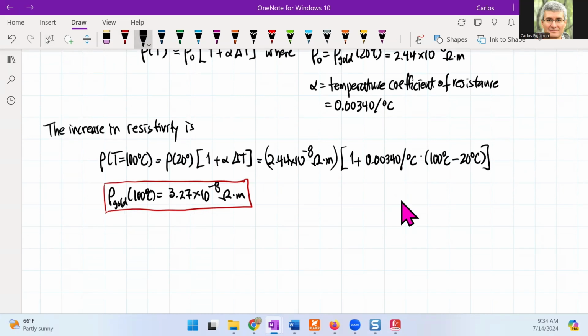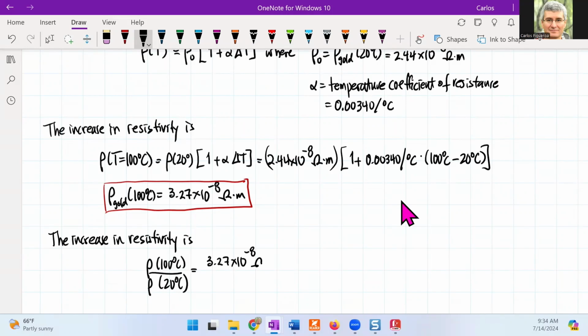The increase in resistivity is looked at as the ratio at 100 degrees C to 20 degrees C. This will be 3.27 times 10 to the minus 8 ohm meters, whereas at room temperature it's 2.44 times 10 to the minus 8 ohm meters, which gives 1.34.